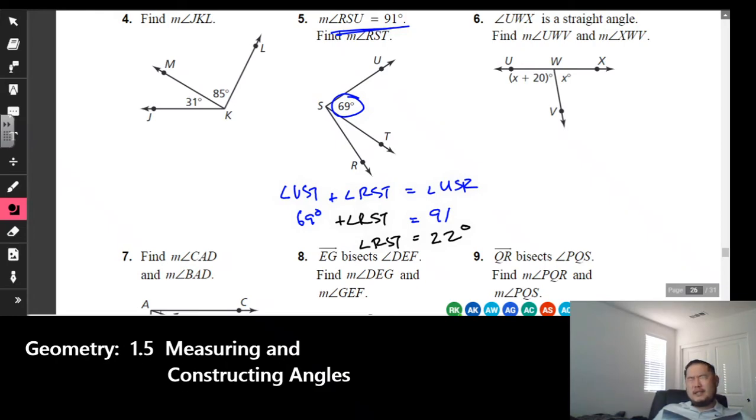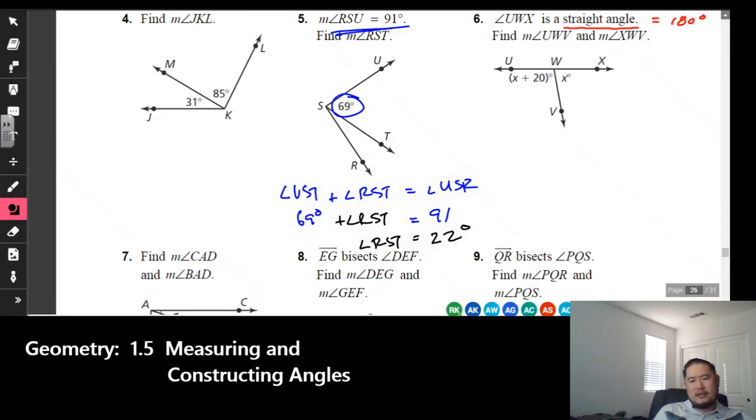Taking a look at number 6, there is one key item in that description that should stand out. Hopefully you see that it says angle UXW is a straight angle, meaning it's 180 degrees.